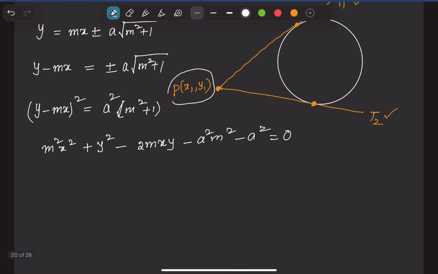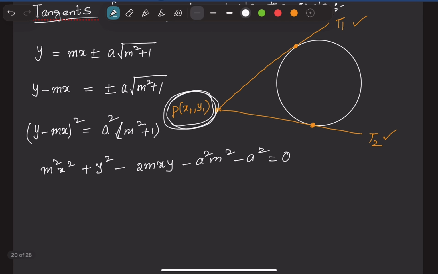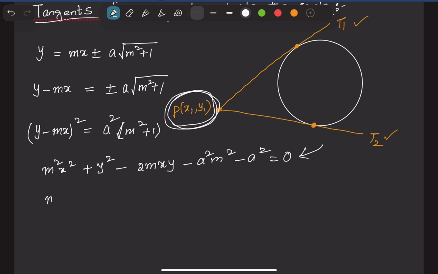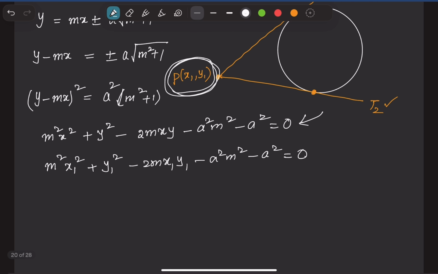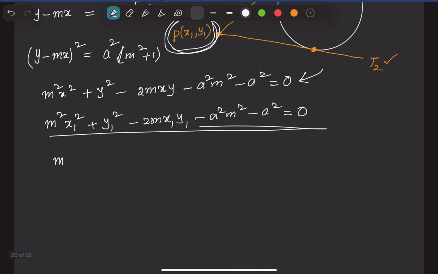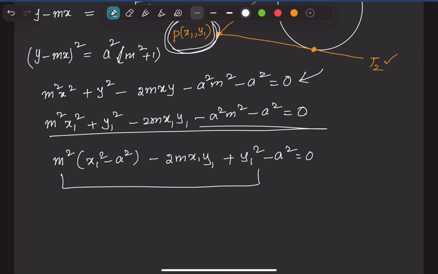So now we are drawing these tangents from this particular point. So this equation should satisfy that particular point. So if you plug in x1 and y1 into this equation, you will get m square into (x1 square minus a square) minus 2m x1 y1 plus y1 square minus a square equals 0. If you observe carefully, this is a quadratic equation in m.